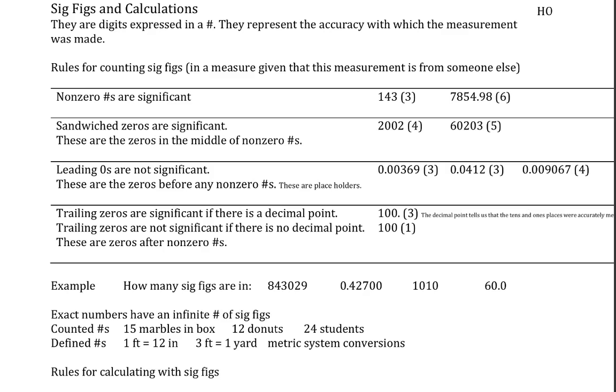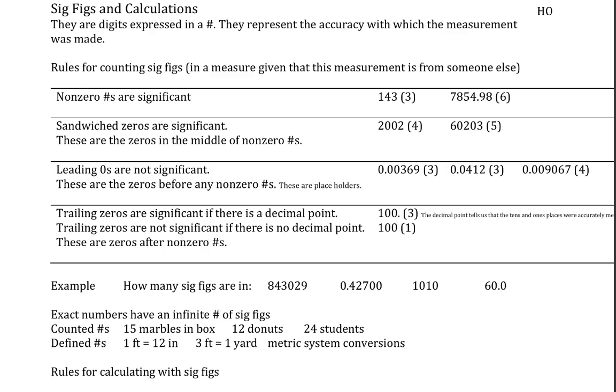So let's say that we have been asked to measure the length of a table and report that to somebody else who doesn't see our measuring device and also doesn't see our table. So through our description, we have to indicate how accurately we made this measurement.